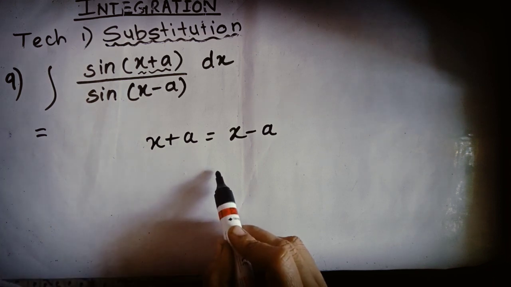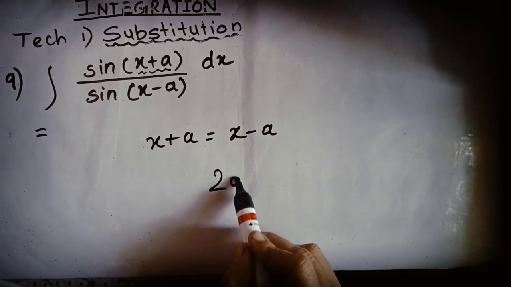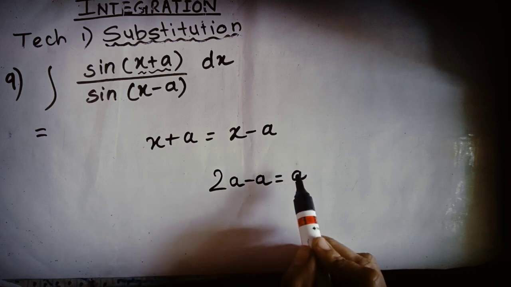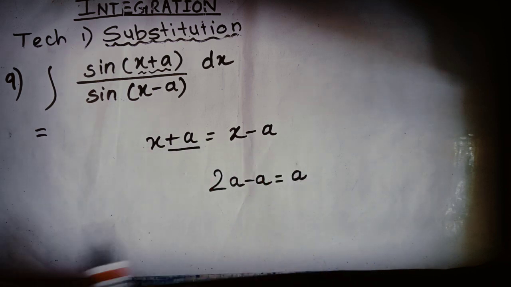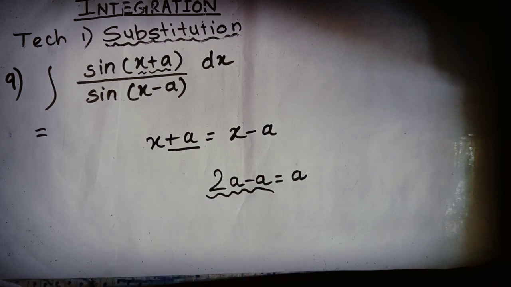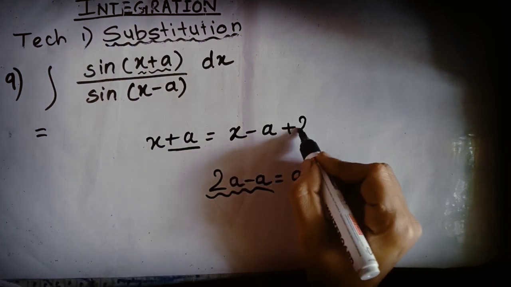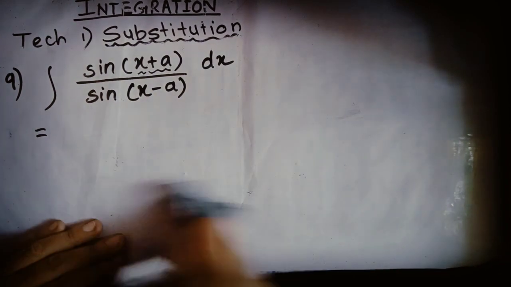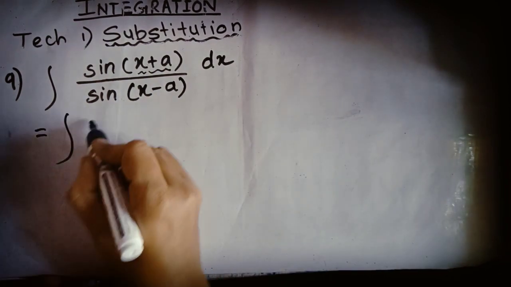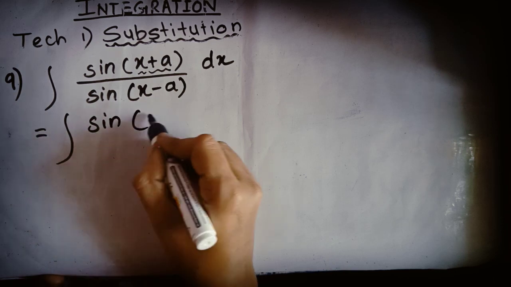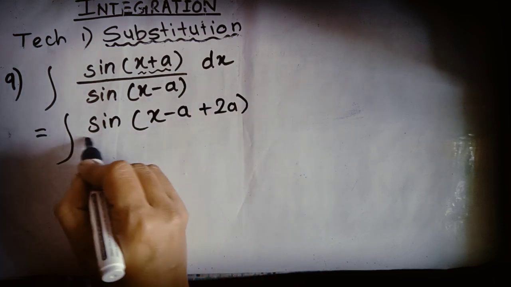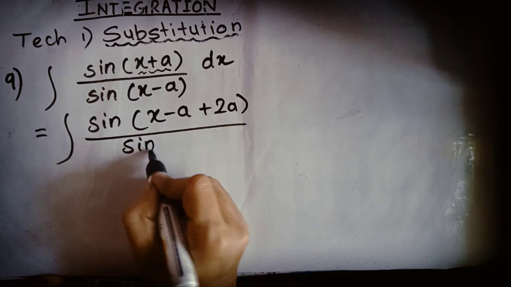If I write 2a minus a, this will be a, right? So x plus a, I can write as x minus a plus 2a. So I will write this as sin of x minus a plus 2a upon sin of x minus a dx.